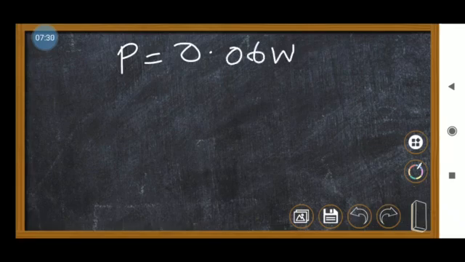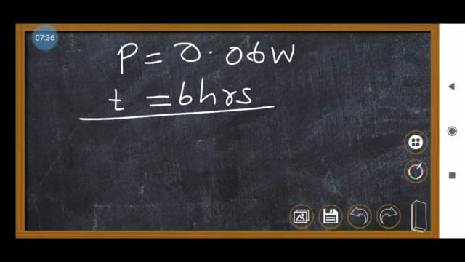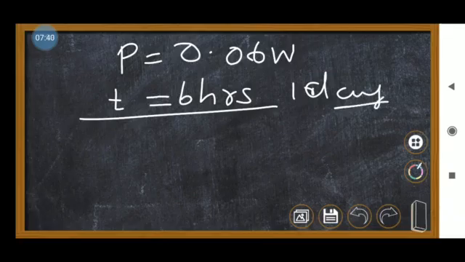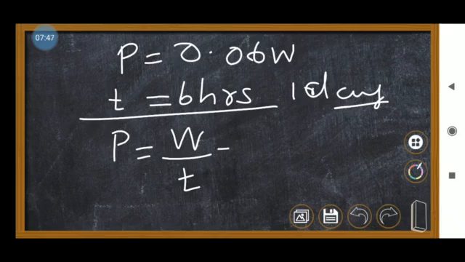But that particular bulb is used how many hours daily? 6 hours, for 1 day. Now calculate how much energy is spent. You know the formula: power equals work divided by time, and work is the change in kinetic energy.